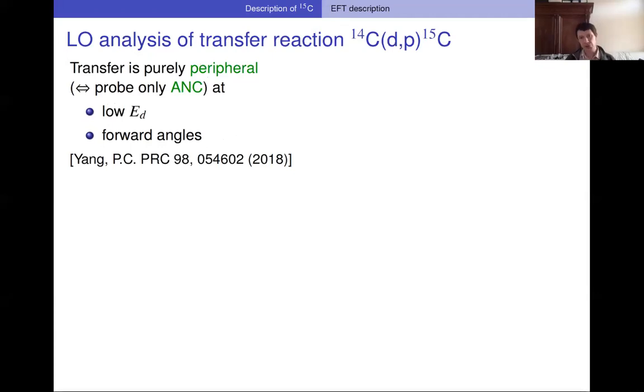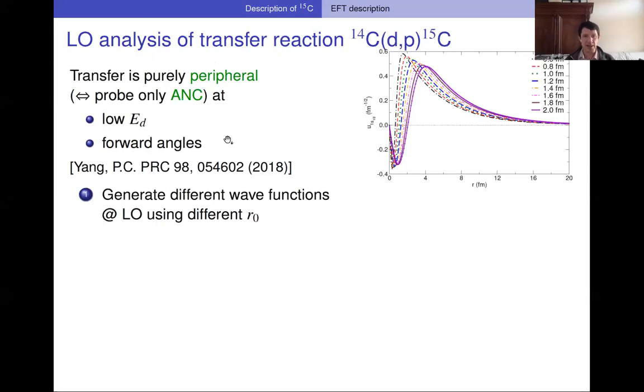In his analysis, he started from a leading order calculation, and he used different R0. That's the radial wave function that you see here as a function of the distance, for different values of R0 from 0.6 to 2.0 fermi.